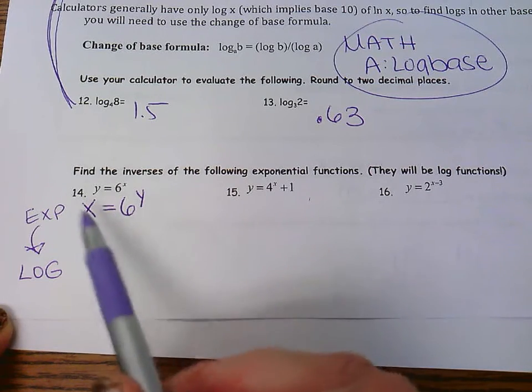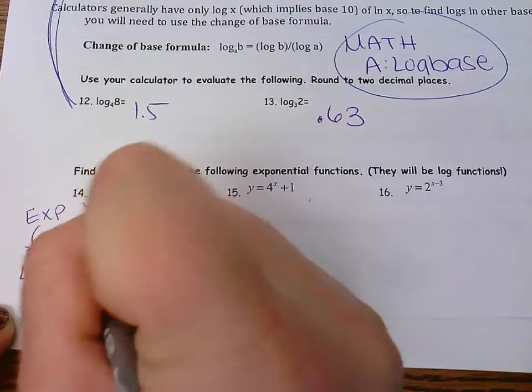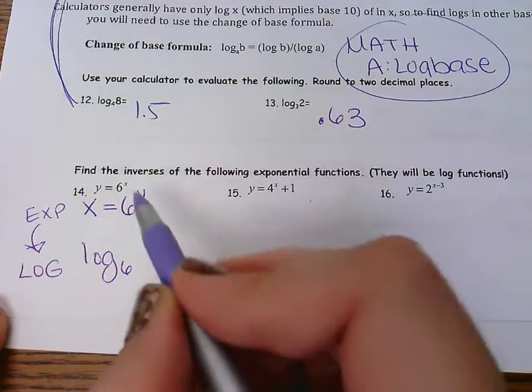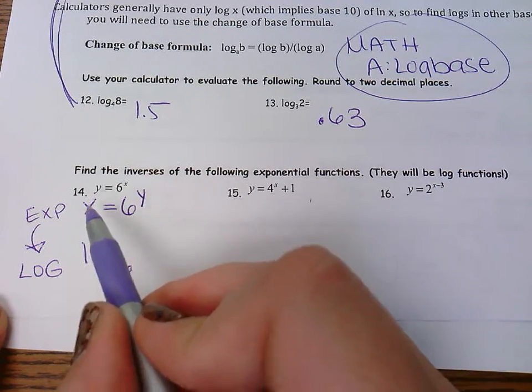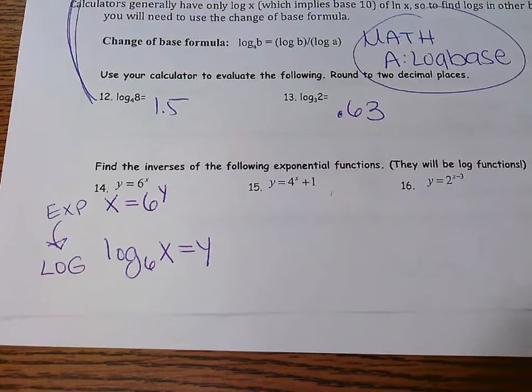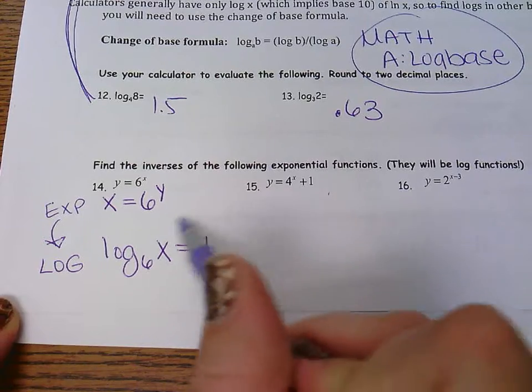If I rewrite this in log form, the base was 6, so now I have log with base 6, and isn't it 6 to the y power equals x? So it would be log base 6 of x equals y, so that's 6 to the y power equals x.